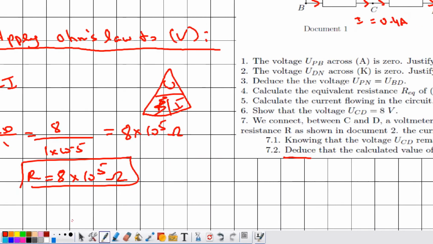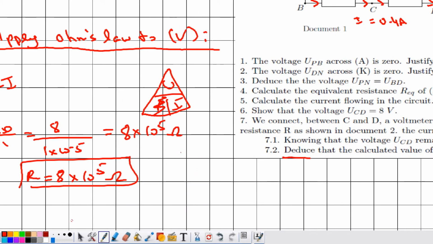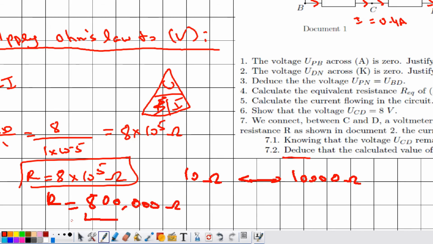Notice that previously all the calculated values of R range from, say for example, 10 ohms to 1000 ohms at most, or let's say 10,000 ohms. But now this value is 8 and 5 zeros, which is 800,000 ohms.